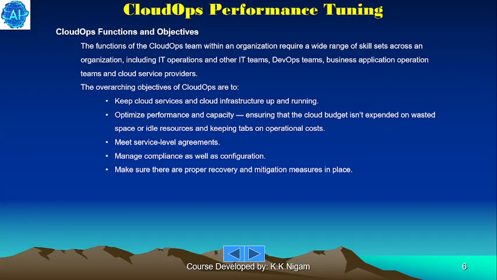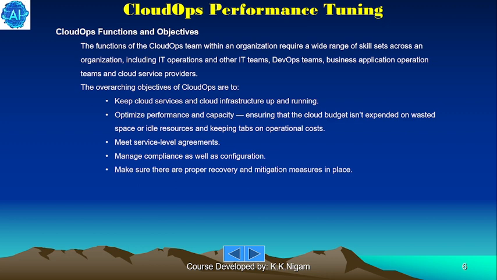CloudOps functions and objectives. The functions of the CloudOps team within an organization require a wide range of skill sets across an organization, including IT operations and other IT teams, DevOps teams, business application operation teams, and cloud service providers.